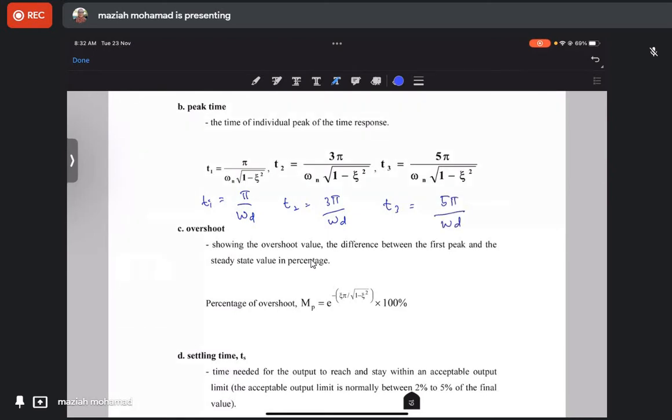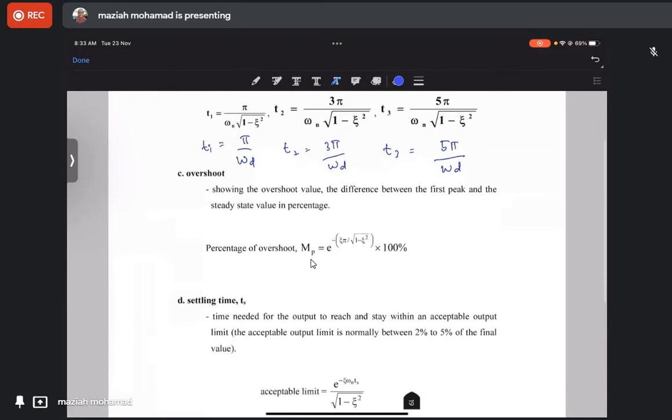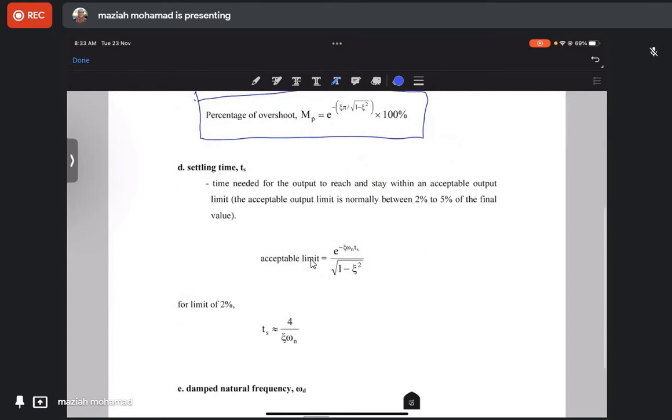Alright, and maximum overshoot. This is the equation for percentage of maximum overshoot: exponent of negative zeta pi divided by the square root of 1 minus zeta squared. And then the last one is the equation for settling time. The first one here is based on the acceptable limit.